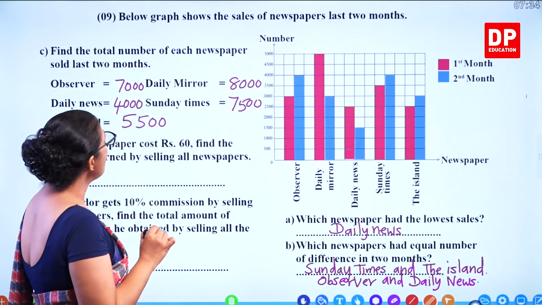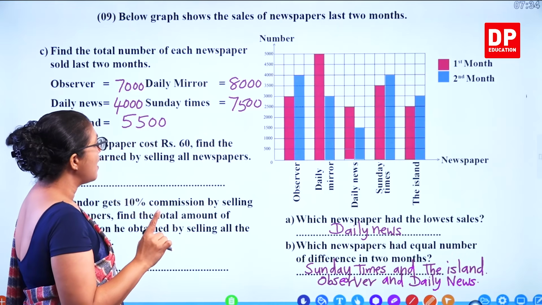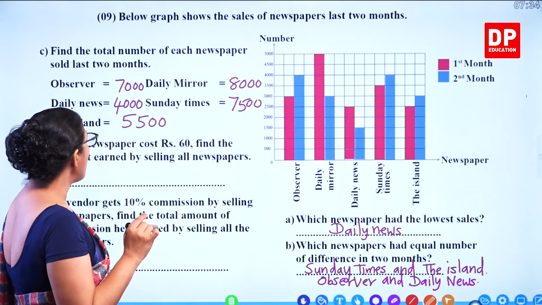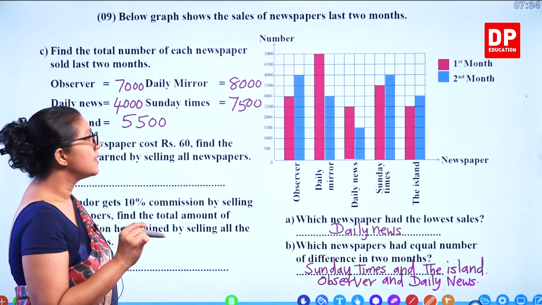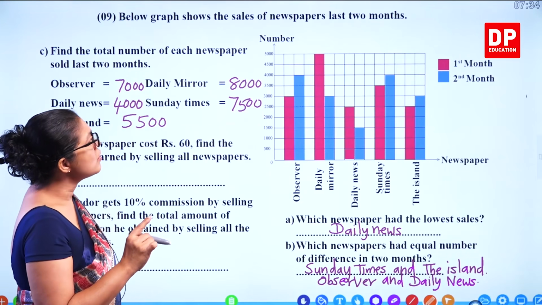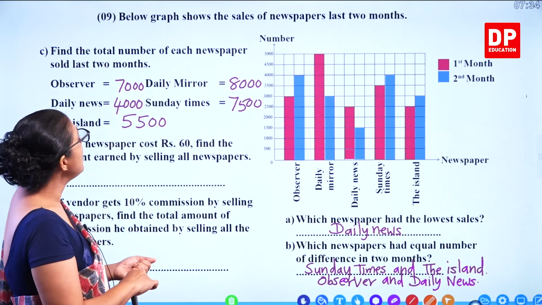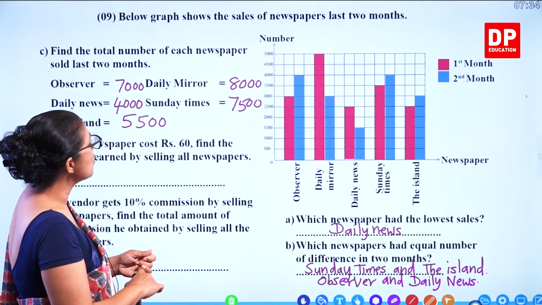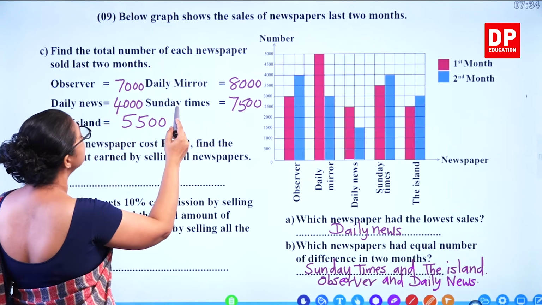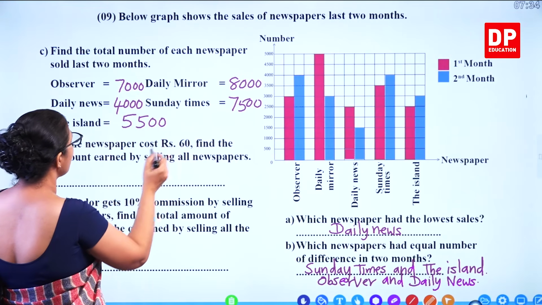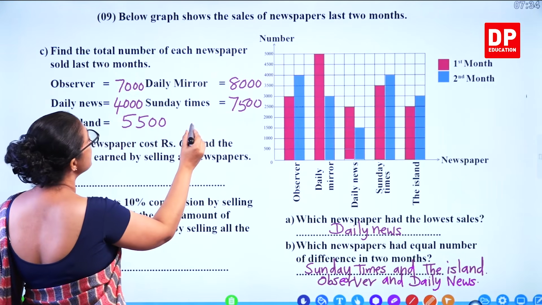If one newspaper costs 60 rupees, find the amount earned by selling all newspapers. So you have to find out the total number. So we'll add all together. What's the total? We'll add it here.